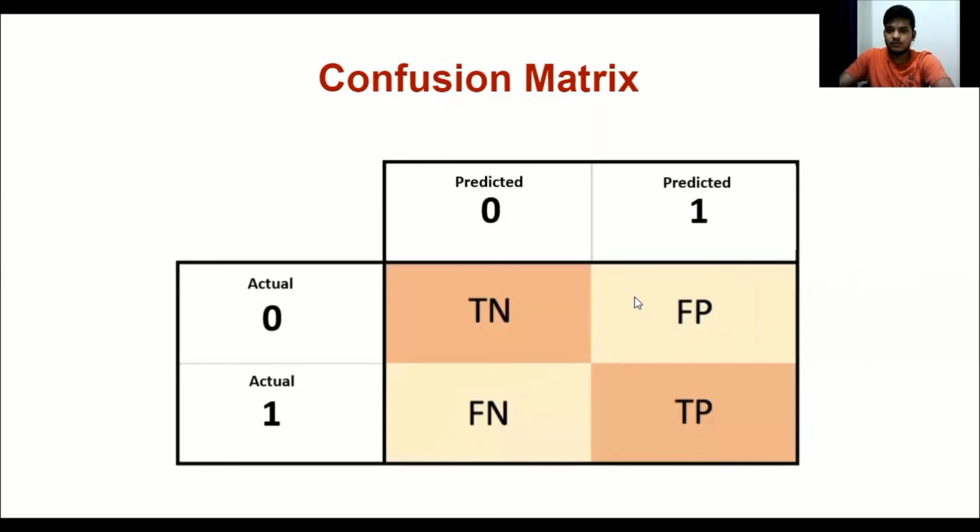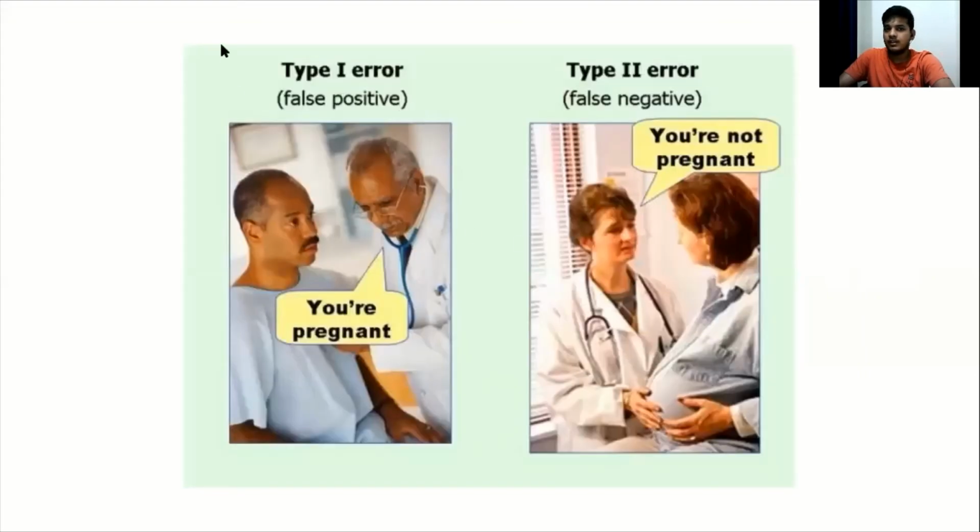So what are these errors? Let's understand those. The two types of error are false positive and false negative. False positive is called type 1 error and false negative is called type 2 error. You can understand by the image as well. This is the man and the prediction says that he's pregnant, and obviously that's a mistake the model made.